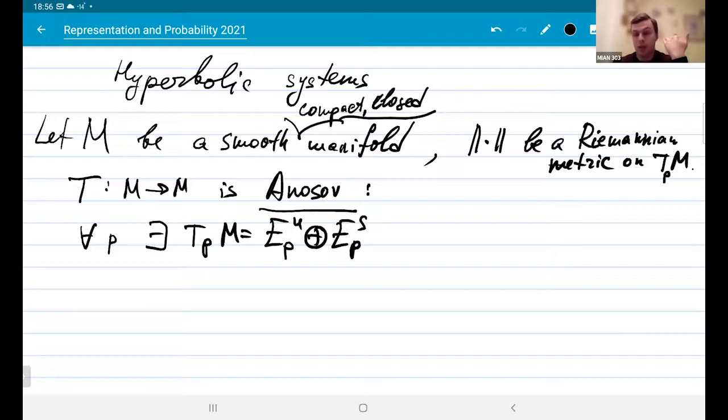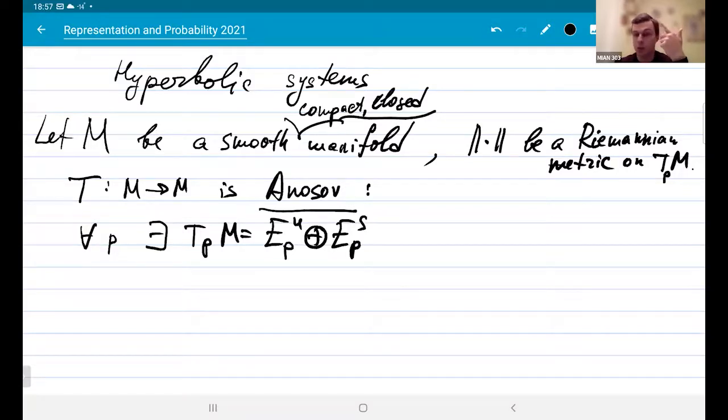In our linear case, this decomposition was just the same for any point. ES is the stable eigenspace, the eigenspace that corresponds to the eigenvalue with absolute value less than 1.